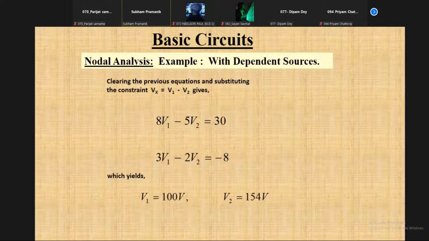Sorry. Hopefully these are the answers. Check whether I did this correctly or not.